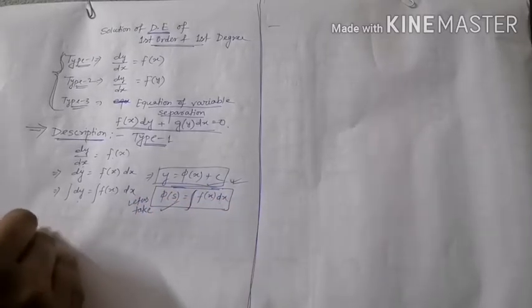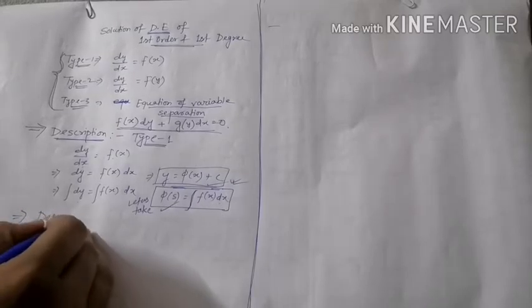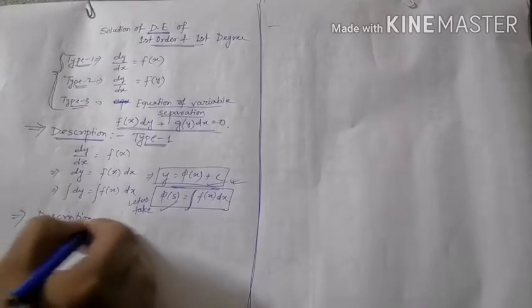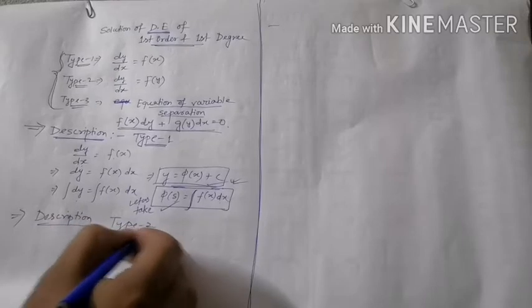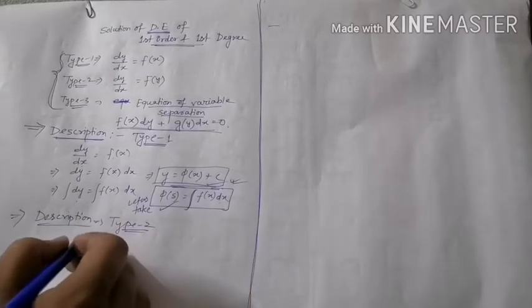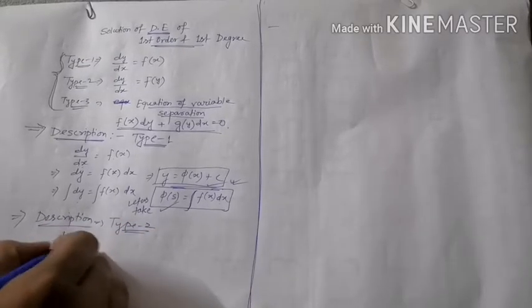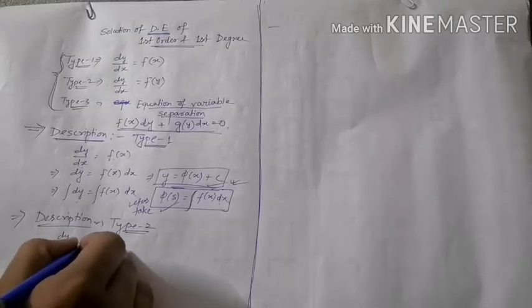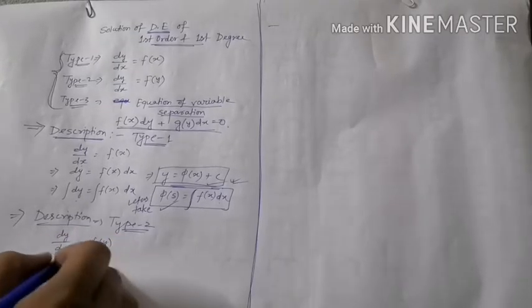Now also in case of description, let us take type 2. So type 2 is dy by dx equals f of y.